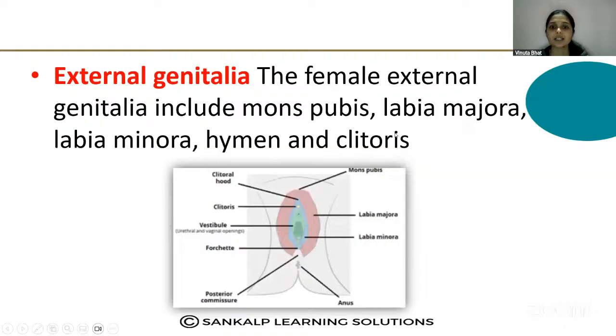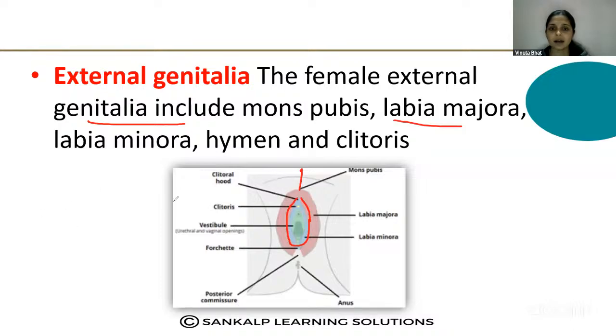Then the external genitalia. The female external genitalia include the mons pubis, which is the cushion like fatty structure. Then the labia majora, which are the folded structures, and the labia minora, the hymen and the clitoris.